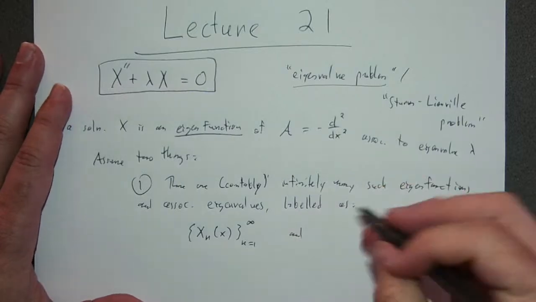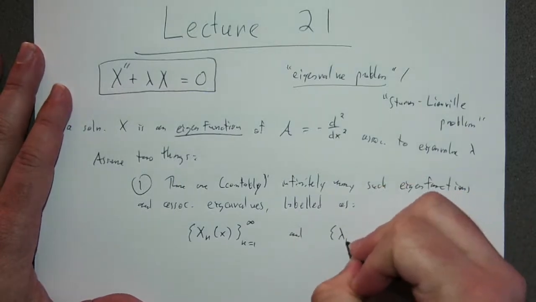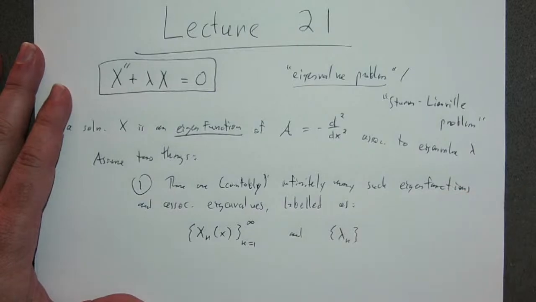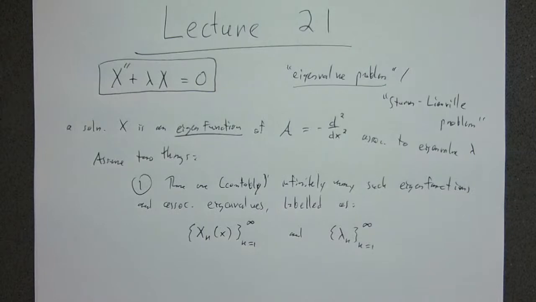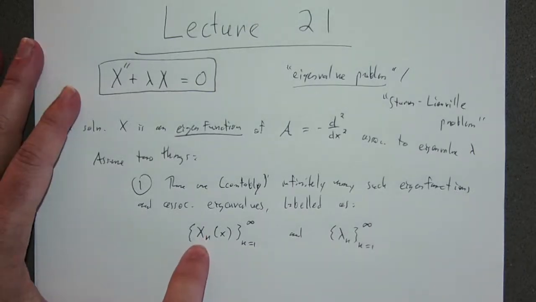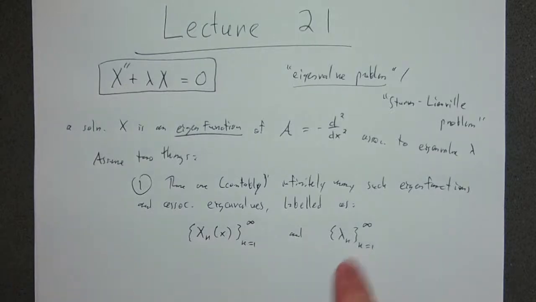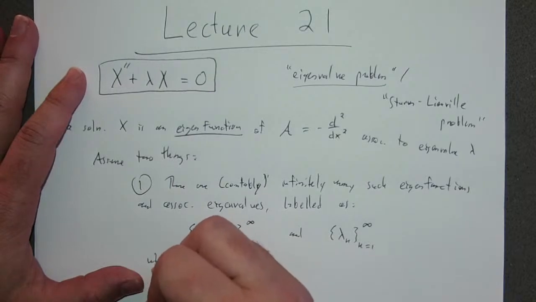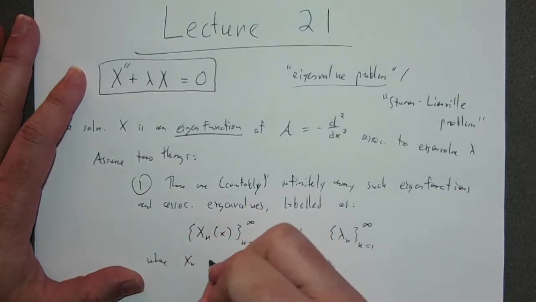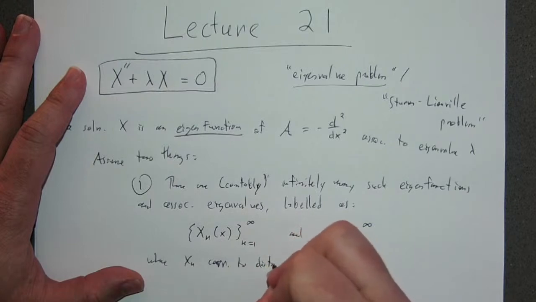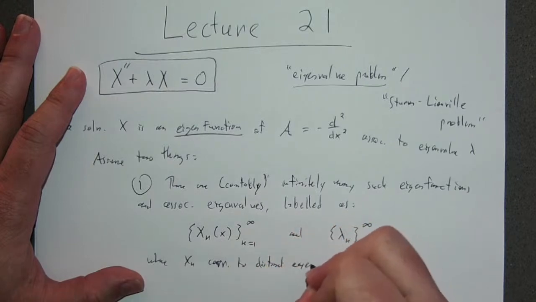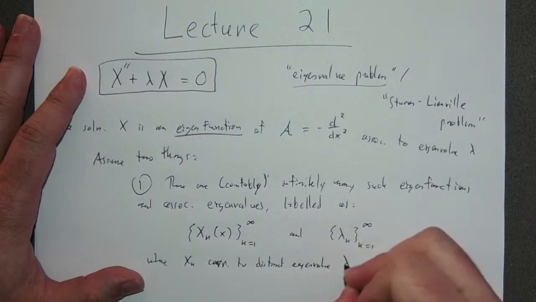And we index the infinitely many eigenvalues the same way, lambda sub n, where each x sub n corresponds to a distinct eigenvalue lambda sub n.